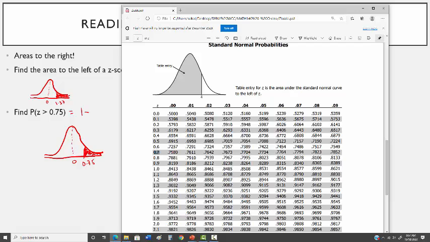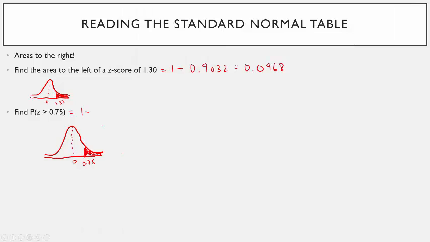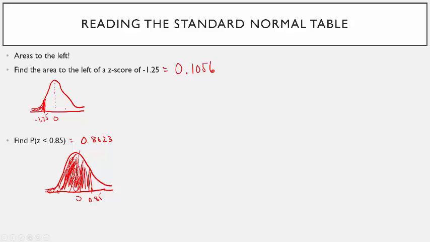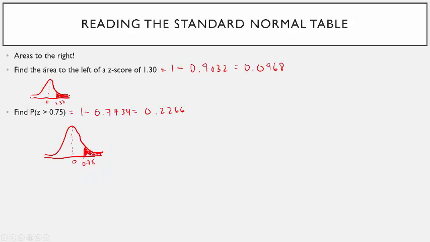So 0.7, and the last digit was a 5. You get 0.7734. So it's 1 minus 0.7734, which if you plug this in your calculator, you should get 0.2266, I believe. Okay, so area to the left, you just read right off the table. Area to the right, you just do this 1 minus.